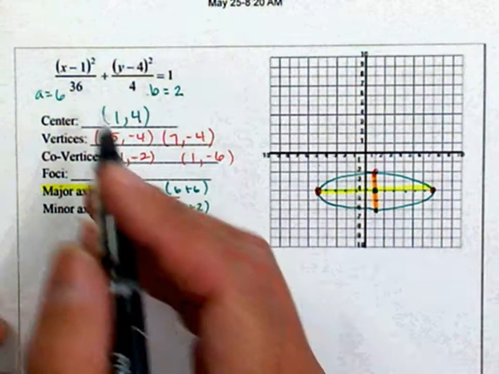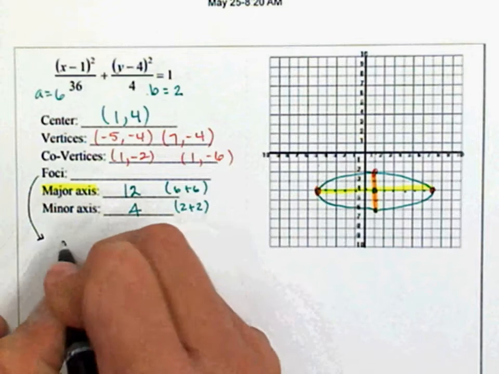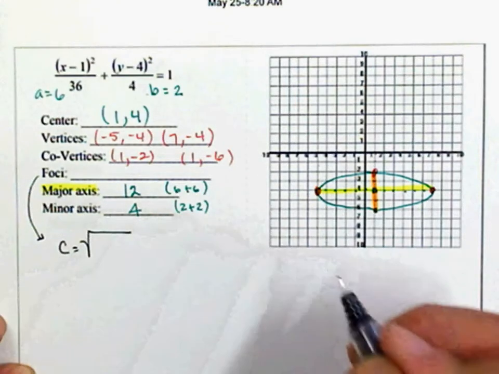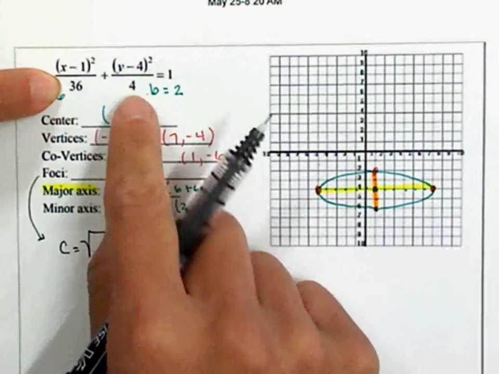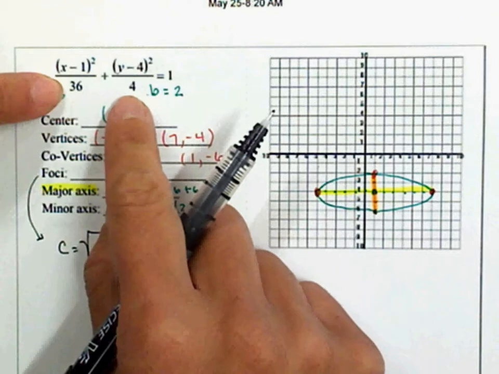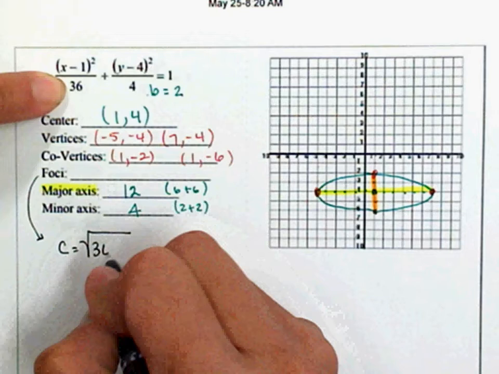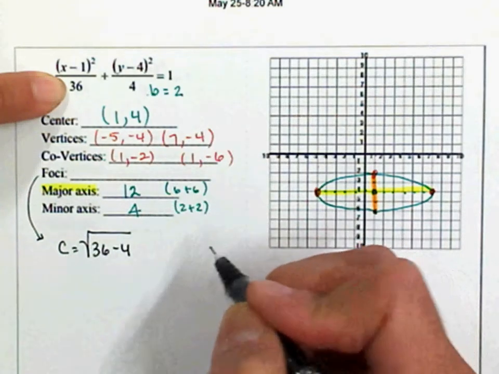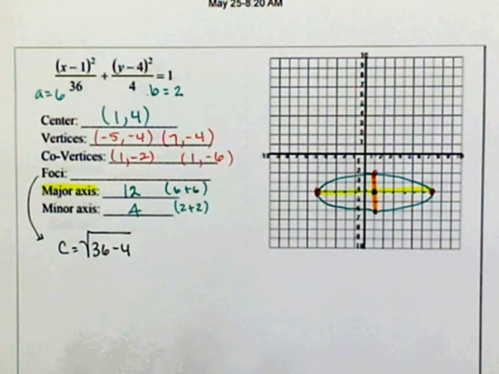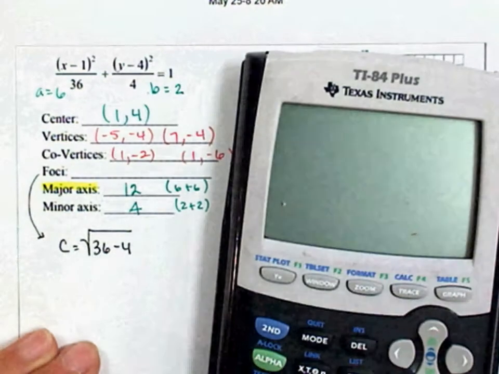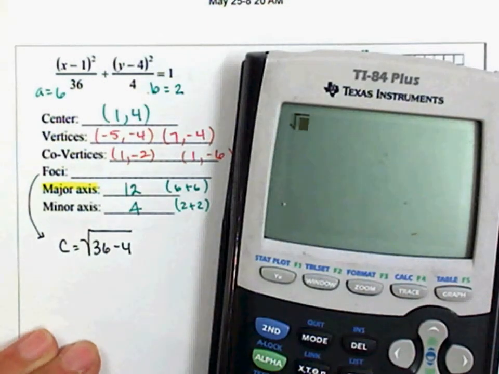I'm going to use this formula, C equals, and you're going to take a square root. So you're going to take a squared and b squared, but those are already squared. So look at your numbers. 36 is bigger than 4, so I'm going to write 36 minus 4, okay? And you're just going to type in your calculator, to the nearest tenth, square root of 36 minus 4.